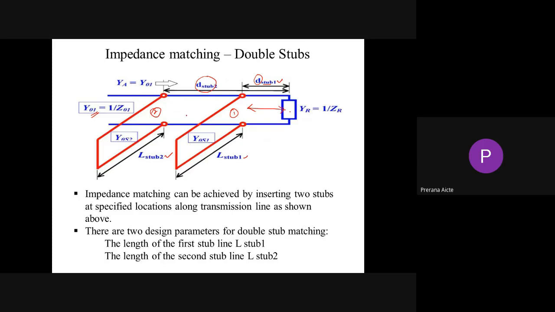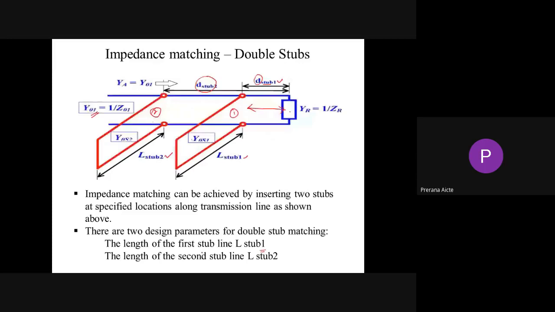Okay. So once the load is matched to the transmission line, then there are no reflections. No power is reflected back to the source. All the power generated by the source is transferred to the load impedance. So for improving the impedance matching, we have to use two stubs or stub tuners.